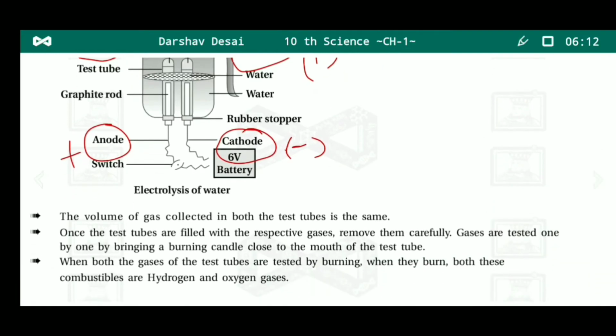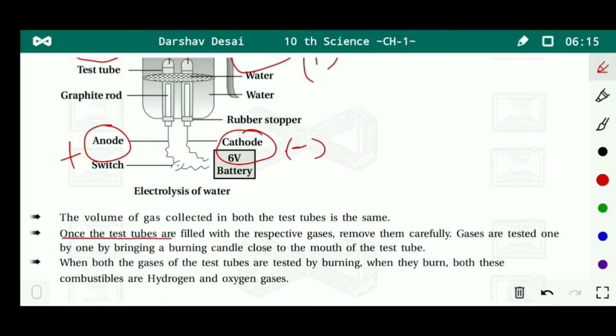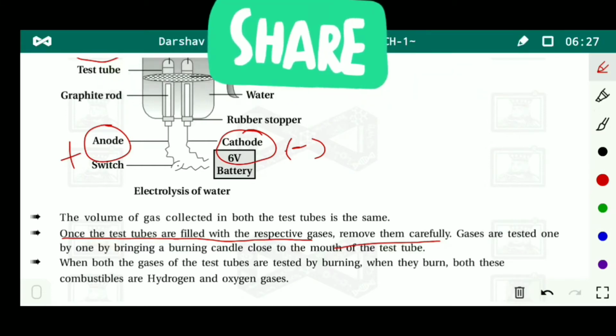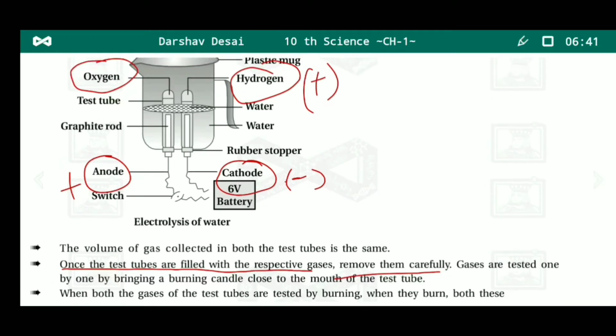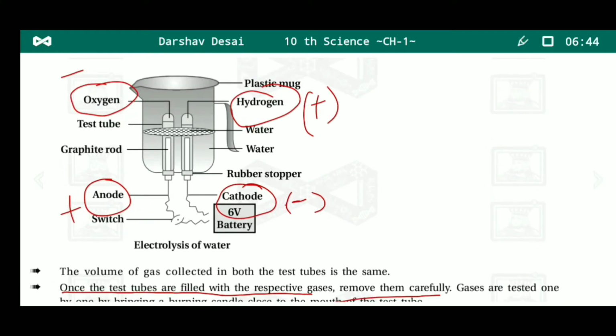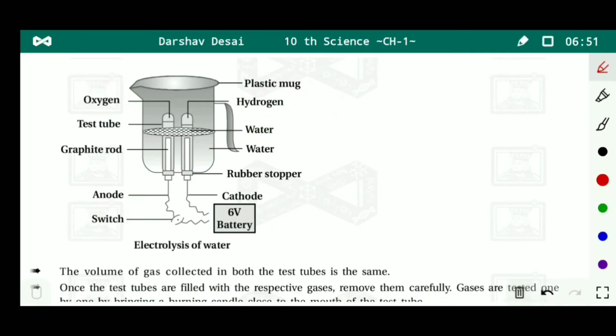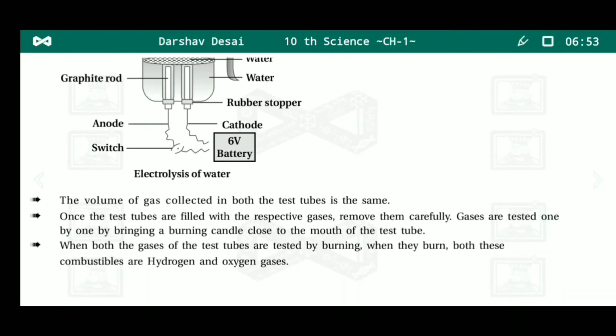Now once the test tubes are filled with the respective gases, remove them carefully and test the gases. With the help of a burning candle we can check the gases collected at the anode and cathode. Oxygen gas is liberated at the anode and hydrogen gas at the cathode.